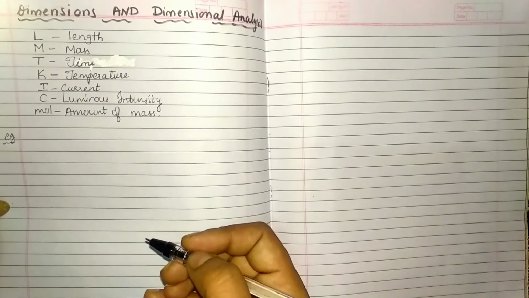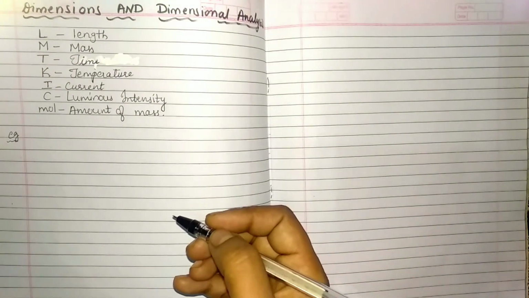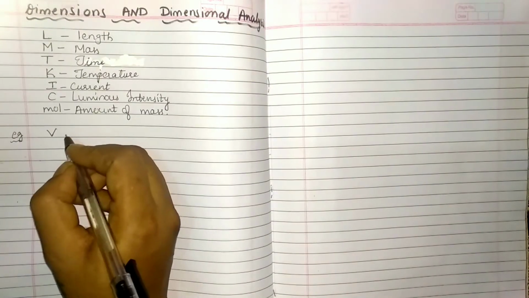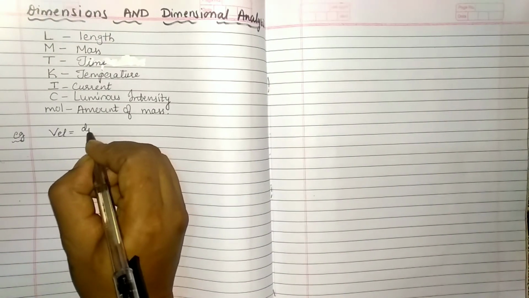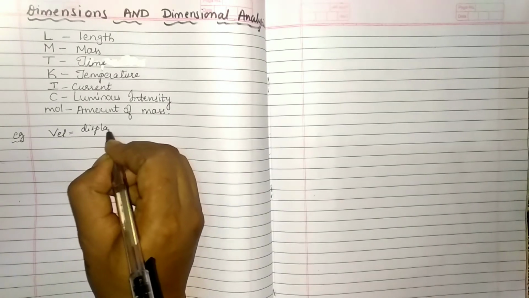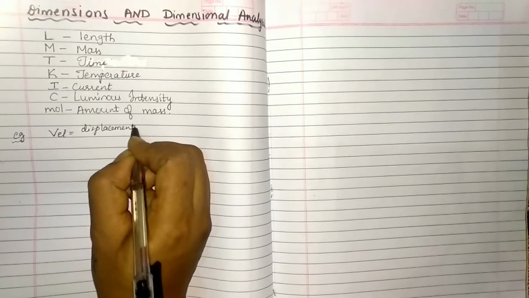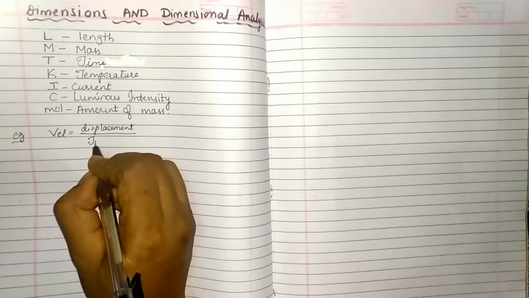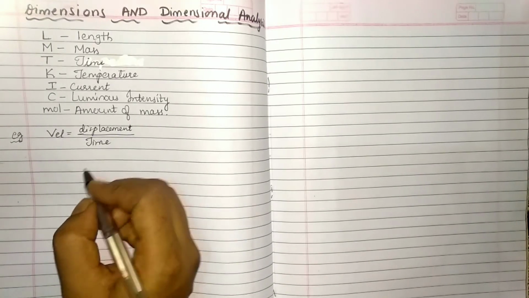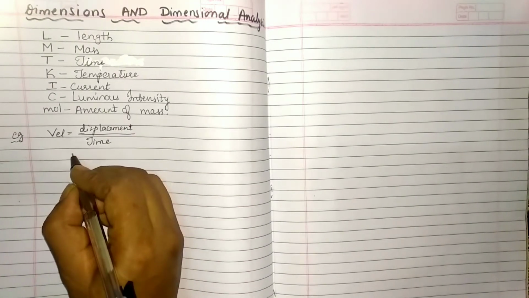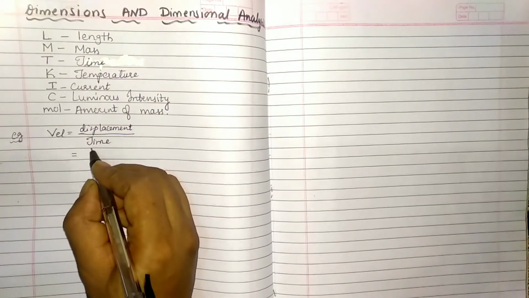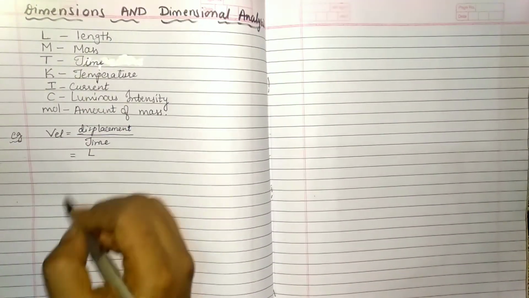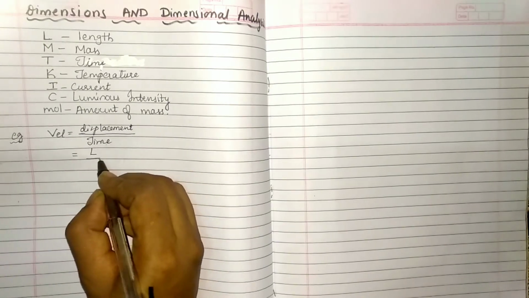So I am considering an example over here. Take velocity. Velocity is nothing but displacement upon time. So now tell me, what is displacement? It is in terms of length. So I will take L over here. And it is in terms of time.